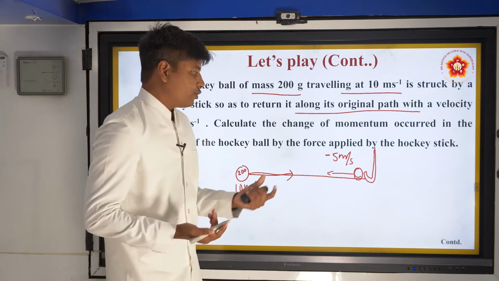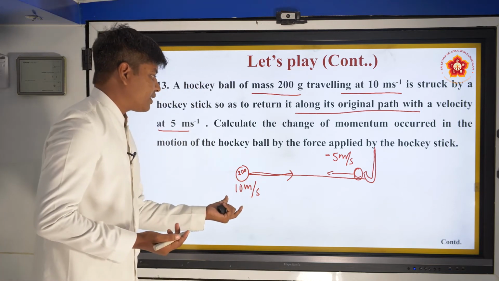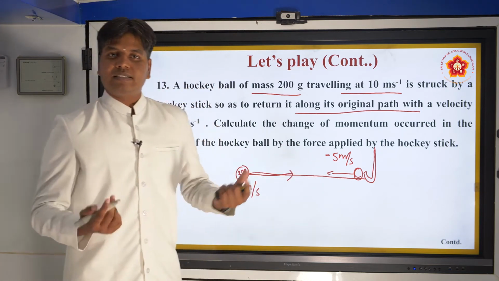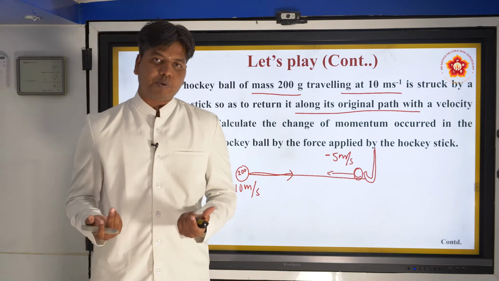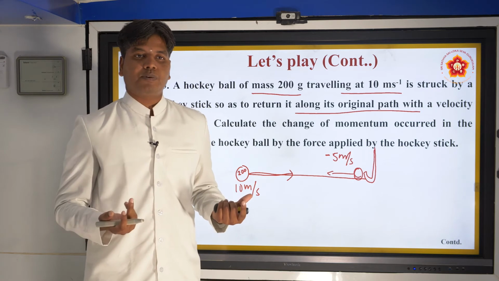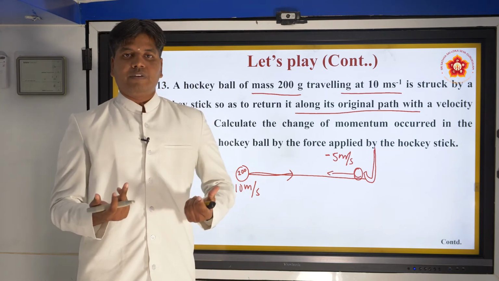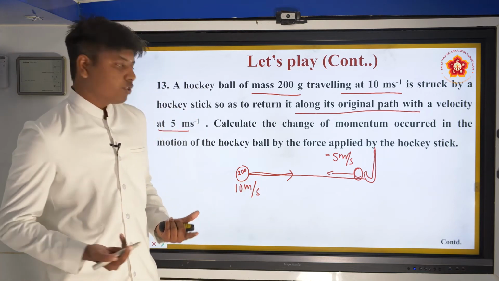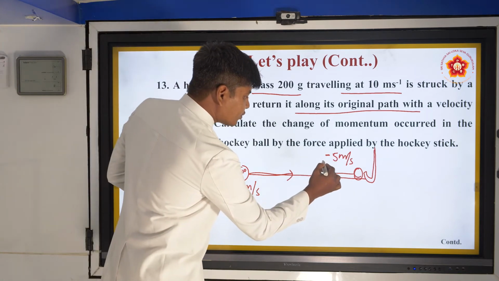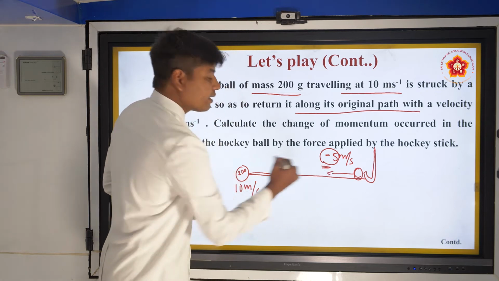Now it's very easy. You know the mass of the ball, you know the initial velocity and the final velocity. We can easily calculate initial momentum minus final momentum, or final momentum minus initial momentum. Either of the two will give you the magnitude of the change in momentum. So this is the main point which you want to emphasize.